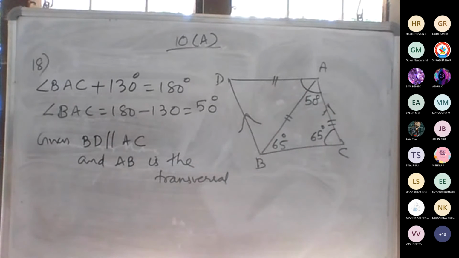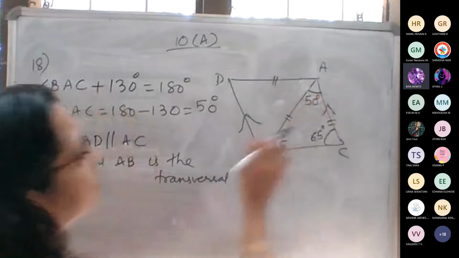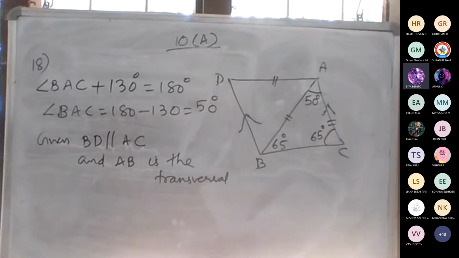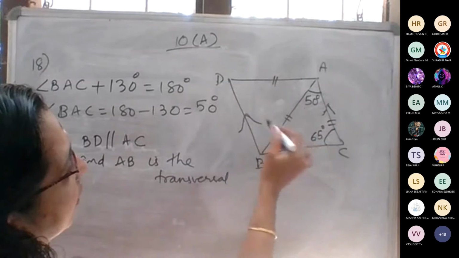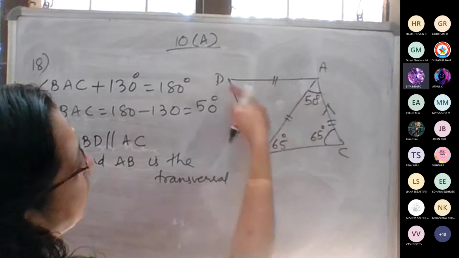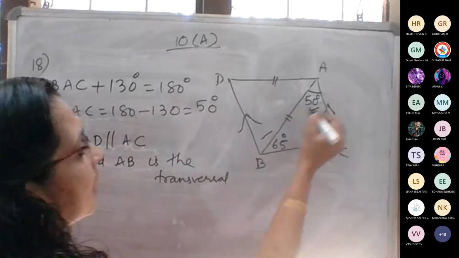BD is parallel to AC and AB is the transversal. So which two angles? Angle DBA and angle BAC. These two are the alternate angles.